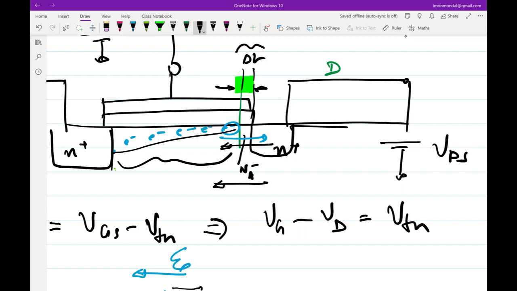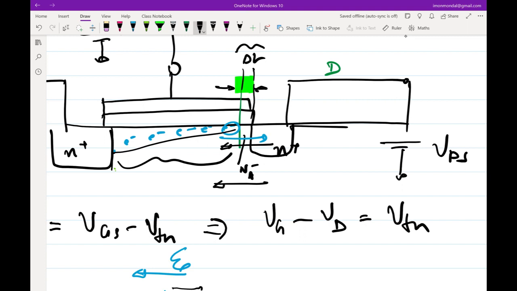Yes, why? Fewer number of carriers. Yeah, there are arguably almost no mobile carriers there with respect to the rest of the channel. The rest of the channel is almost metallic, right? The pinched off region is almost like an insulator, right? It doesn't have any electrons, but we are forcing electrons to flow through that channel.